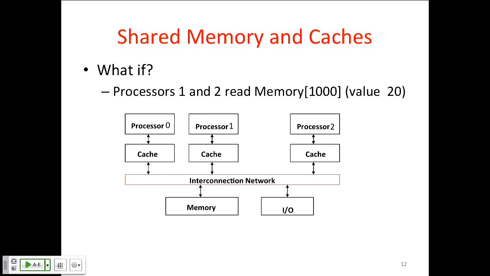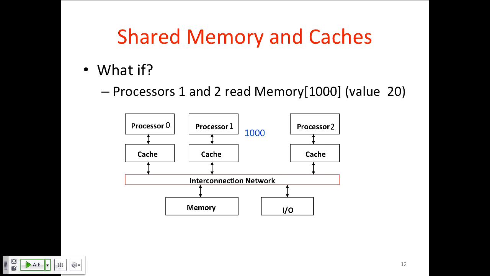So now when you have caches, you're going to hit this problem of keeping those copies coherent. If each processor has its own cache, remember that a cache keeps a copy of what's in main memory. Let's take this example with two processors. Processor 1 just reads memory location 1000, and it has the value 20 right now.